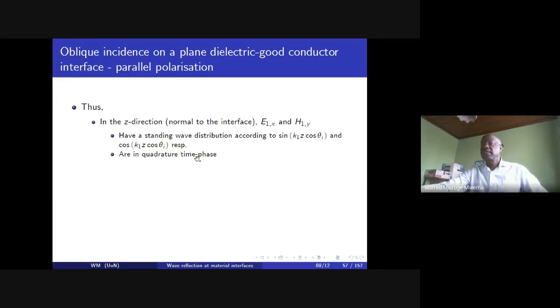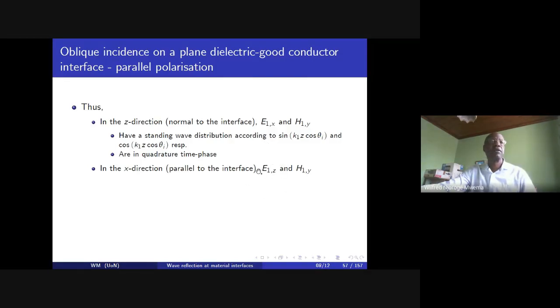They are in quadrature time phase because we have seen that the H field does not have a J, while the x component of E1 has a J multiplying it, meaning that it's out of phase by 90 degrees.